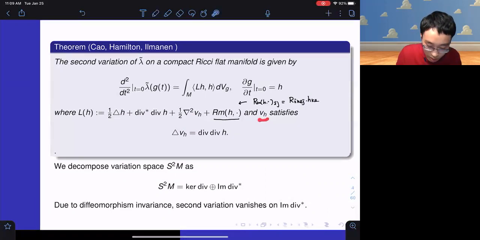And here, this v_h satisfies the PDE: Laplacian v_h is divergence h. This is what Cao, Hamilton and Ilmanen did.